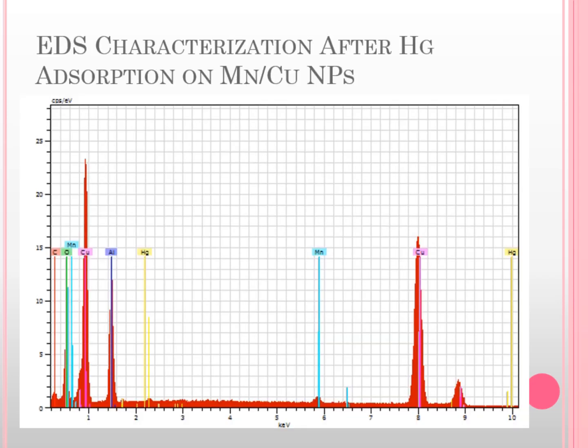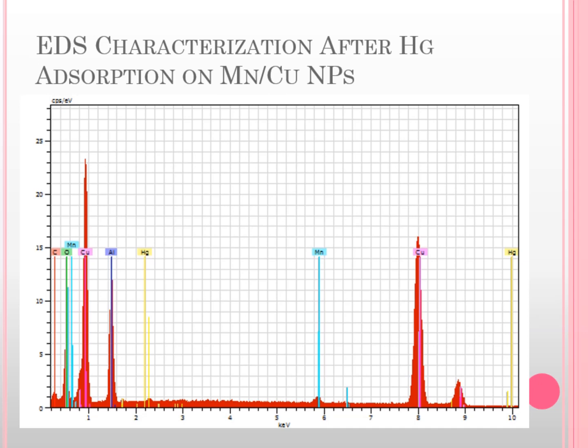EDS characterization. EDS is basically a characterization technique which tells us about the elemental composition of any surface, what elements are present on the surface of any adsorbent. So we carried out the EDS characterization of the nanoparticles after mercury adsorption.